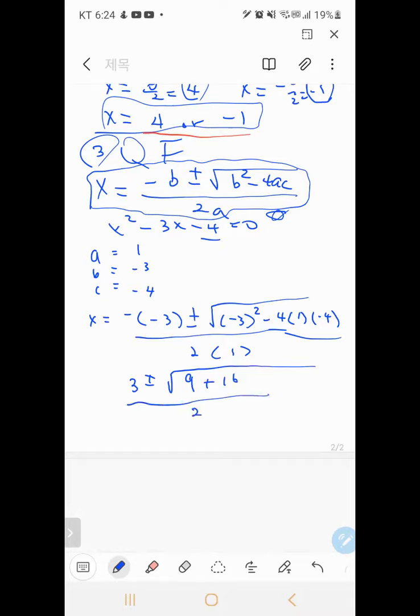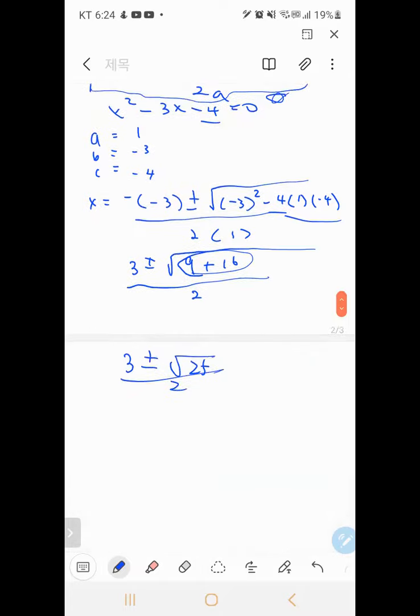Okay, so that right here is actually 25, which is 5. Oh, sorry, we should not have the square root sign. Okay, and so that means our x can be either 3 plus 5 over 2 or 3 minus 5 over 2.